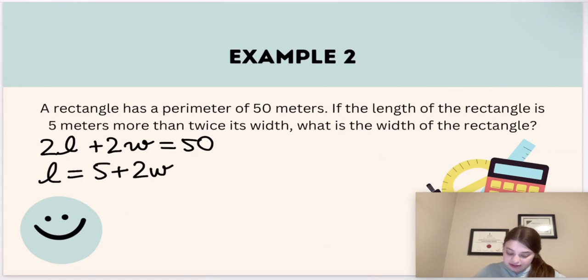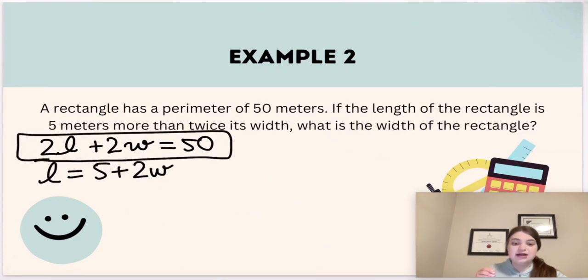In this situation, we know that 2L plus 2W is 50, and we know that L is equal to 5 plus 2W. So I'm going to rewrite the first equation, but instead of writing L this time, I'm going to write 5 plus 2W, because from the second equation we know that 5 plus 2W and L are the same thing.